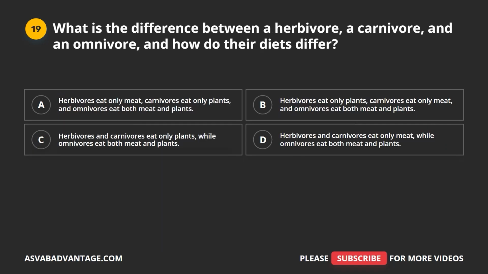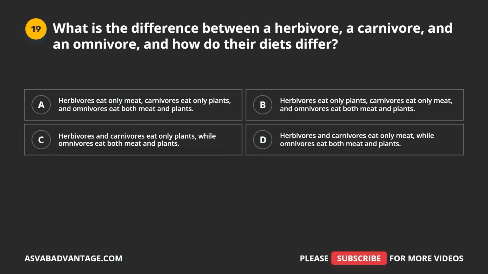Question 19. What is the difference between a herbivore, a carnivore, and an omnivore, and how do their diets differ? A. Herbivores eat only meat, carnivores eat only plants, and omnivores eat both meat and plants.